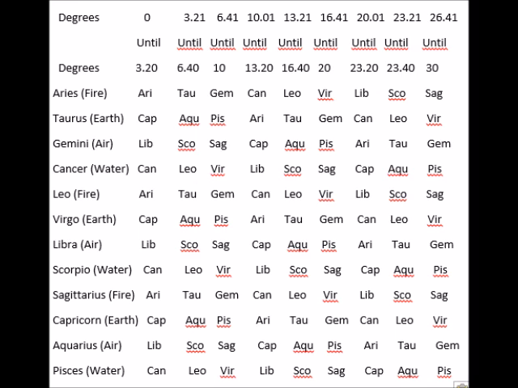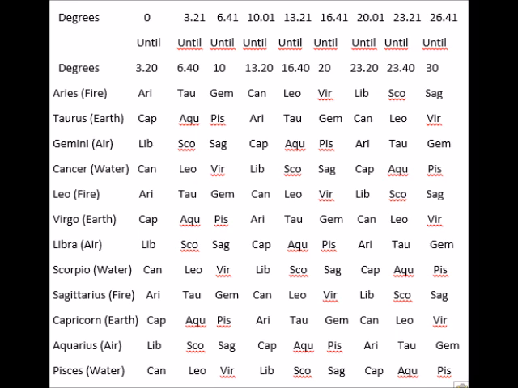The other rule given by the ancient sages is this. We earlier discussed Aries, which is a fire sign in the Rashi chart or the main chart, and now we are talking about the other zodiac sign of Taurus here, as you see, which is an earth sign in the main chart.